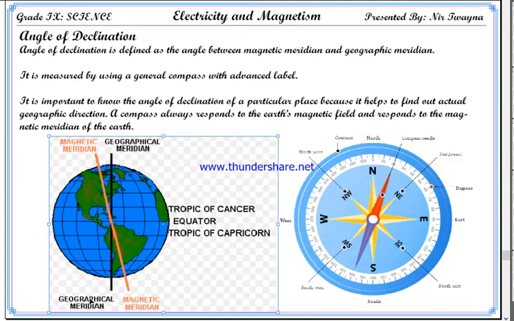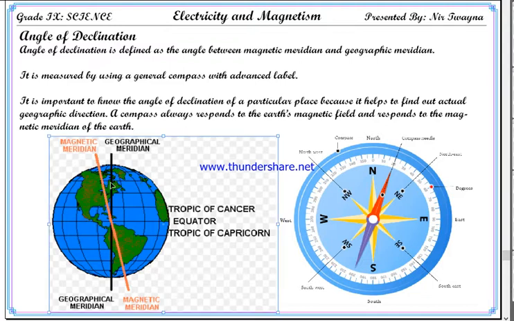After that time the poles will reverse. This will be magnetic north and this will be magnetic south. That means the compass shows that this is the south pole and this is the north pole. The poles just reverse. Okay, let's not go over there. We just understand what the angle of declination is.